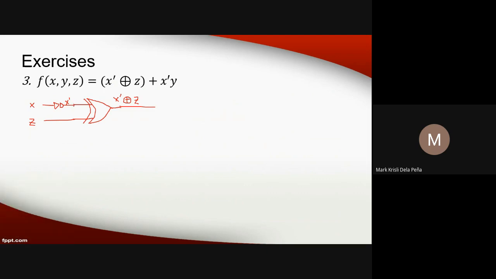Just use a filled circle, no hole. Then move it here. Since we use an AND gate, we'll have an AND gate, and Y. So this is now your X prime and Y. As you can see here, I just put a node or a point here to show that this is connected.